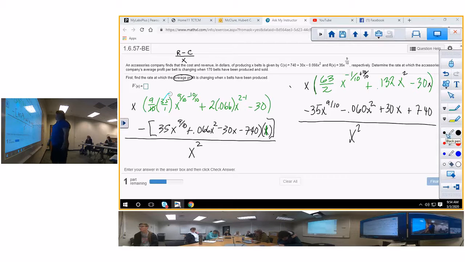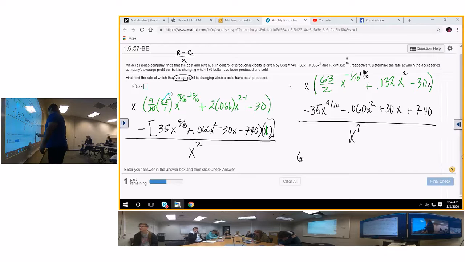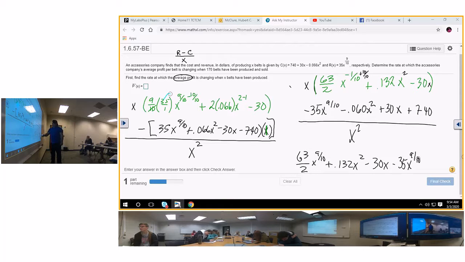So that's going to give us 63 halves x to the 9/10 plus 0.132x squared minus 30x, minus 35x to the 9/10, minus 0.066, that's supposed to be 66, x squared plus 30x plus 740.